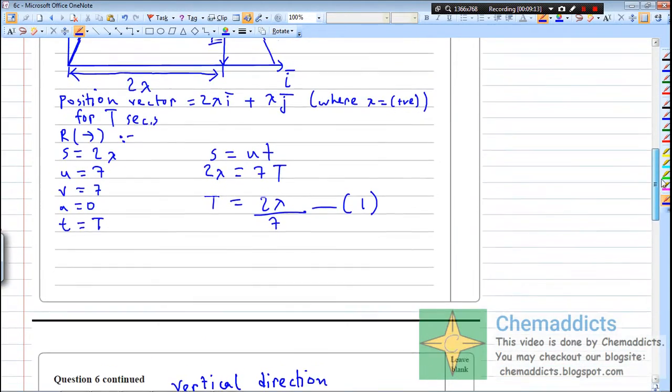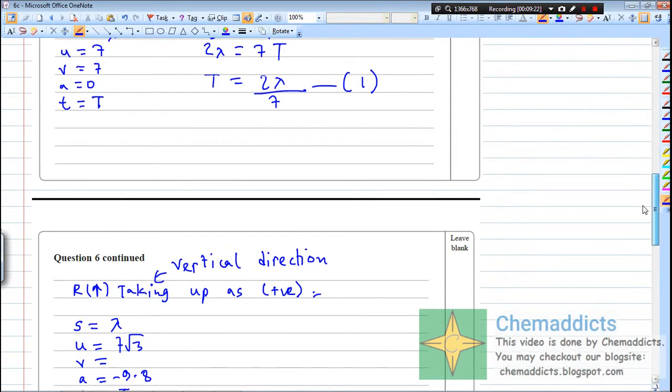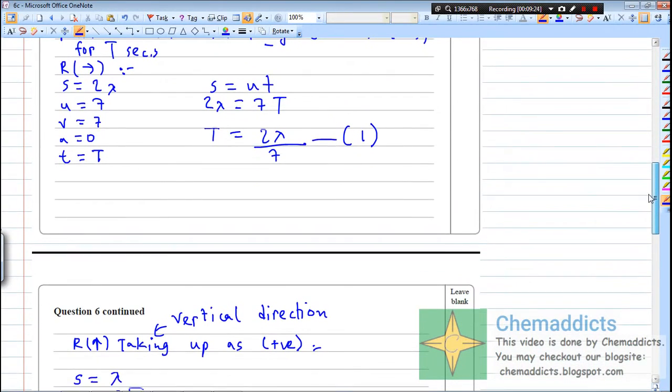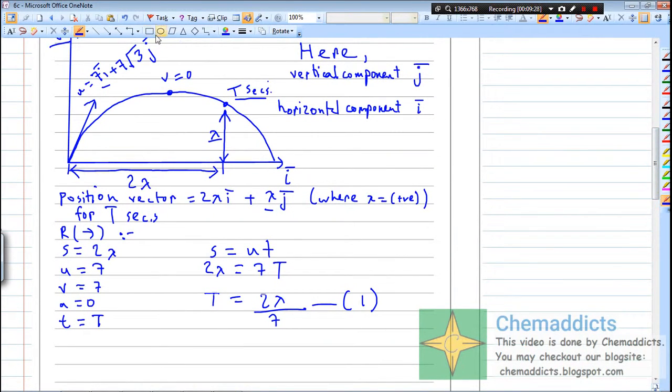If we look at the position vector, the vertical component here is lambda, and from the initial velocity, the vertical component here is 7 root 3. So this is how it goes.